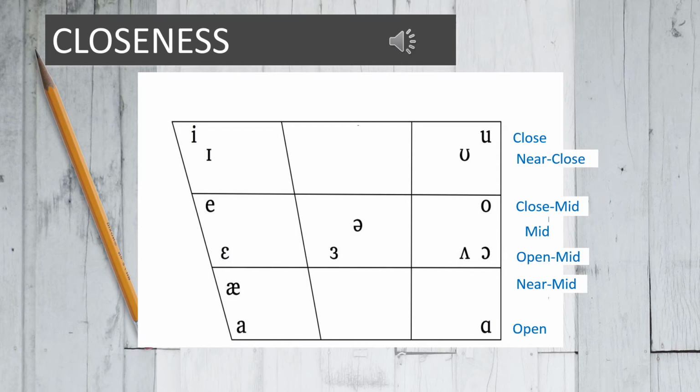And then mid vowels, for example, today. And then open mid vowels, for example, bed. And then near open, for example, bat. And the last one is open vowels, for example, bum.